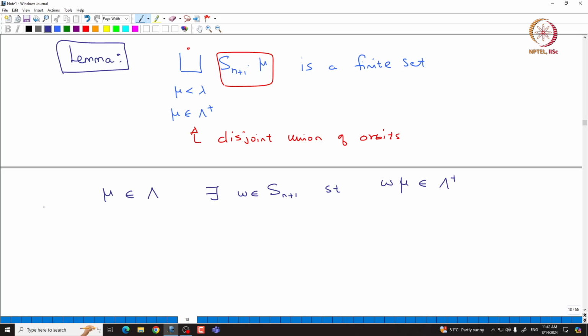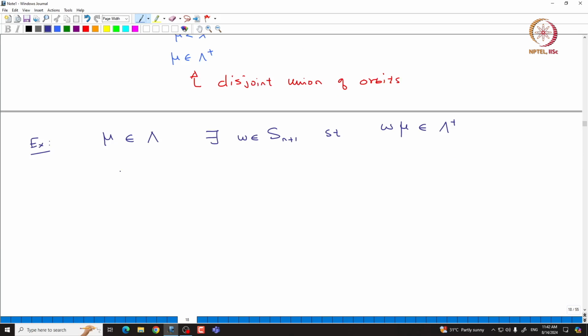This is the first thing, and it is actually a very simple exercise. You think in terms of the epsilon_i basis. You take mu to be a_1 epsilon_1 plus etcetera plus a_{n+1} epsilon_{n+1}. Note that this is dominant if and only if these a_i are in decreasing order, that is, a_1 is greater than or equal to etcetera greater than or equal to a_{n+1}. This we already know.